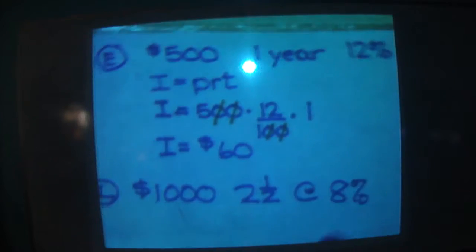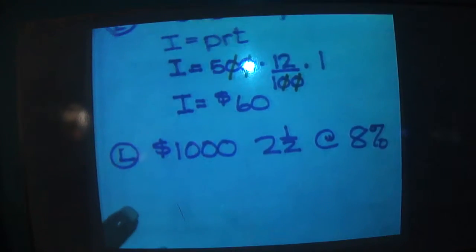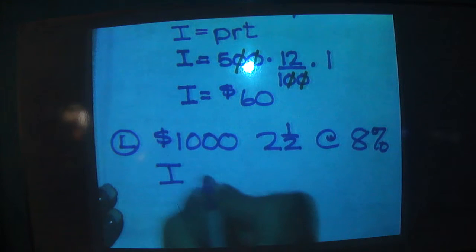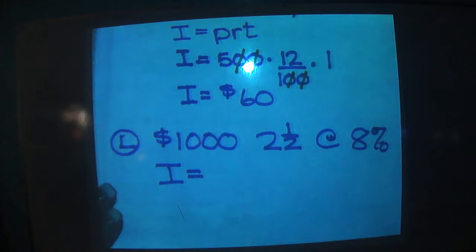L, $1,000 for 2.5 years at 8%. You invest it again. You get the money. That's always good. We like getting the money. I equals, what's our principal? PRT. Principal is $1,000.